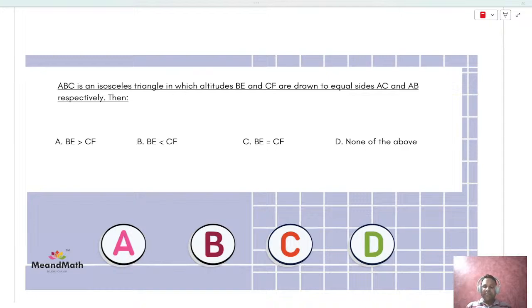AC and AB means AB is equal to AC. So this question is about only one triangle, and that is an isosceles triangle.